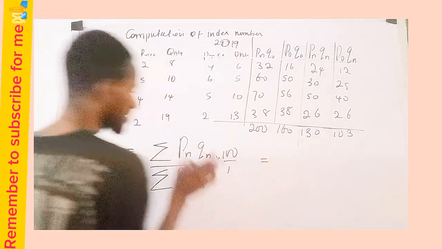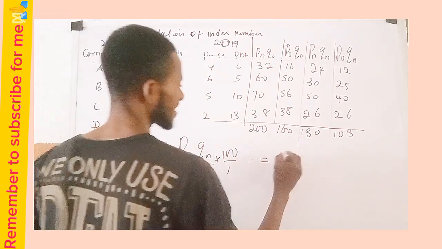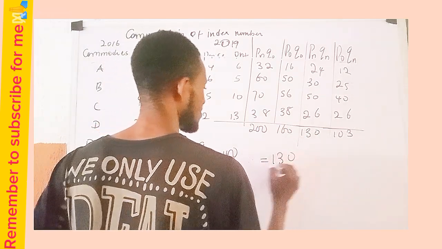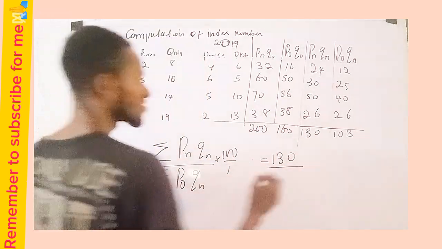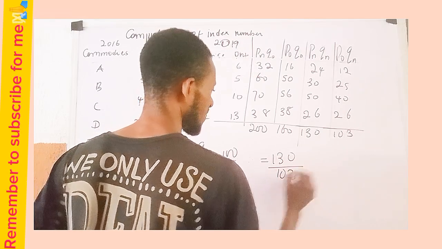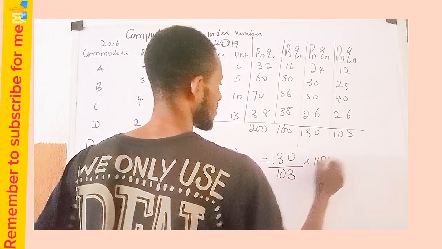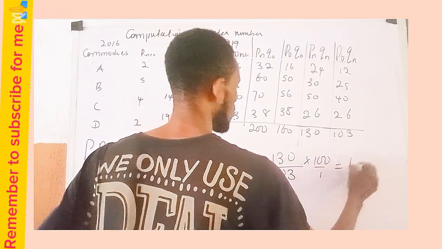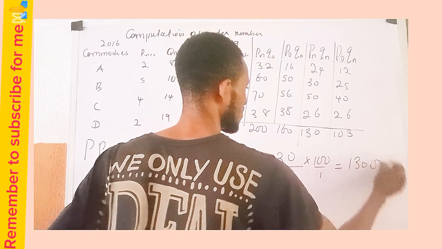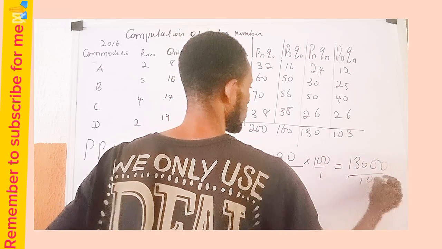So therefore this equals, my numerator is already 130. So I have 130 all over my denominator, which is already 103, multiplied by 100 all over 1. This thing becomes 13000 all over 103.